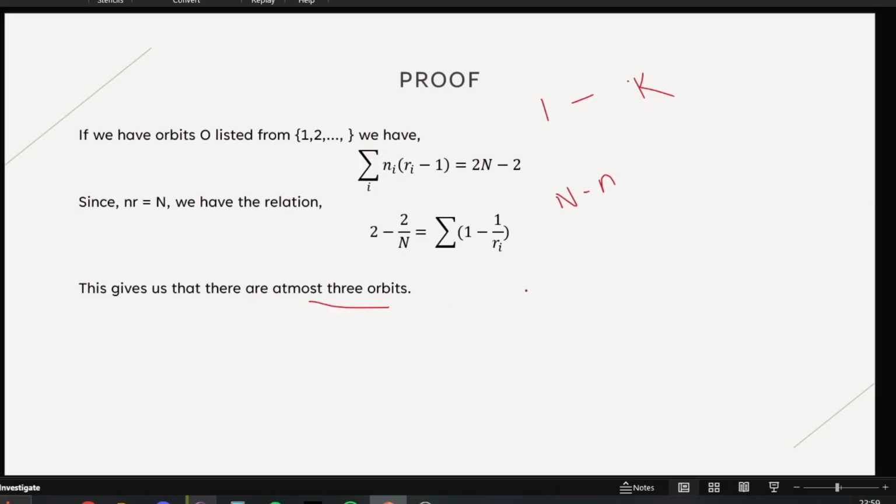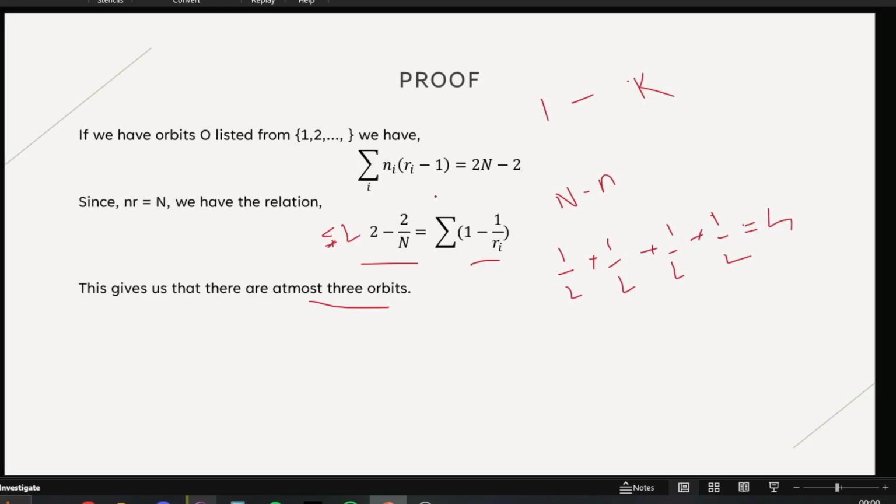Why I make this claim is that this side is less than 2, and each term here is at least 1 by 2. So if we have 1 by 2 plus 1 by 2 plus 1 by 2 plus 1 by 2, that is 2, but this side should be strictly less than 2.